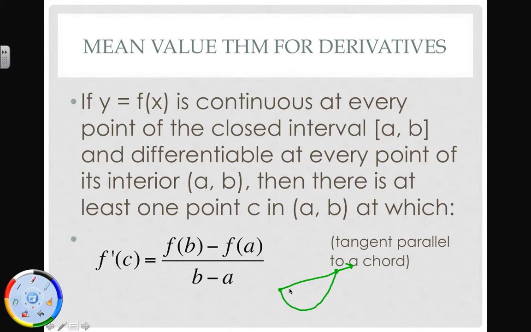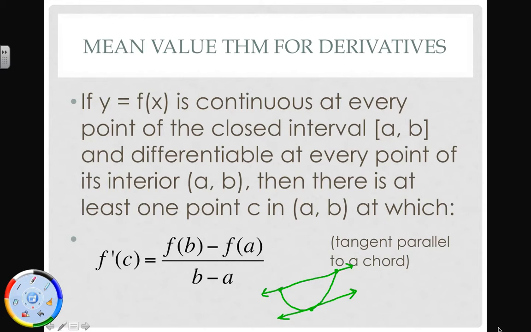So here's that chord, here's that secant line, really. There is some point C, some x value C, that would create a tangent that's parallel to that chord or to that secant line. And the mean value theorem guarantees this for us.